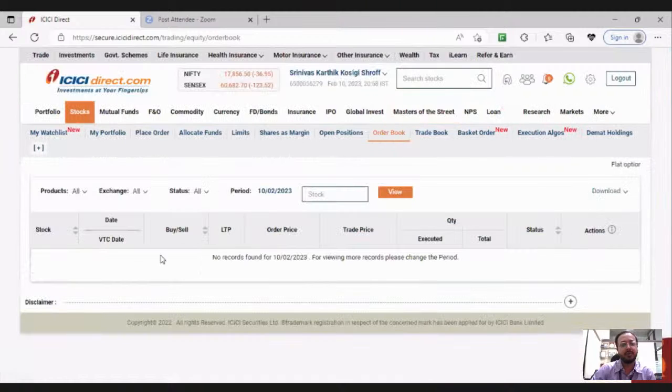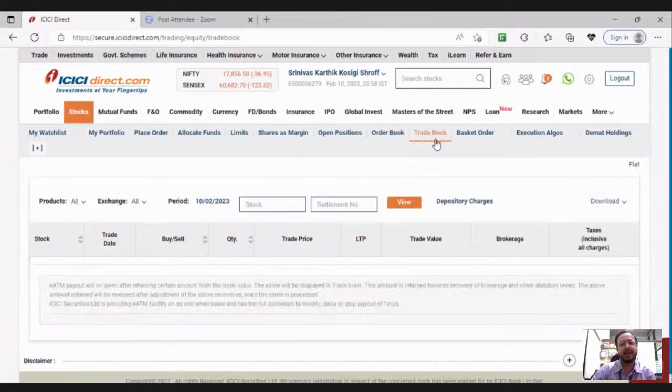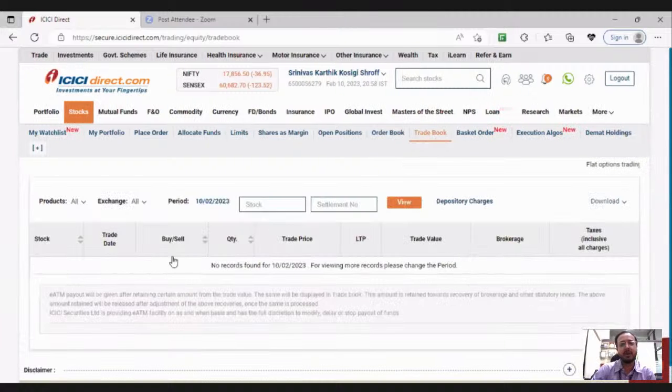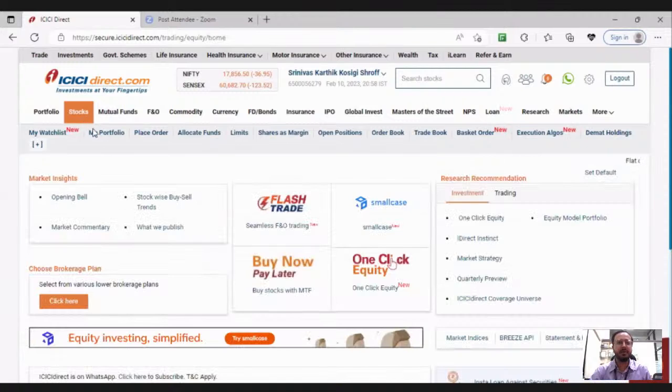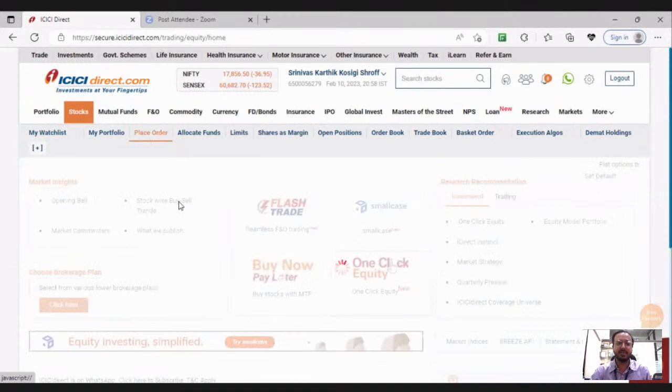If I would have gone ahead and executed that transaction, it would have reflected in my order book with a status of ordered, and once the order got executed, it would reflect under my trade book. Once the order has been executed at the exchange, the status will be reflected over here, right? So that was a simple buy order.